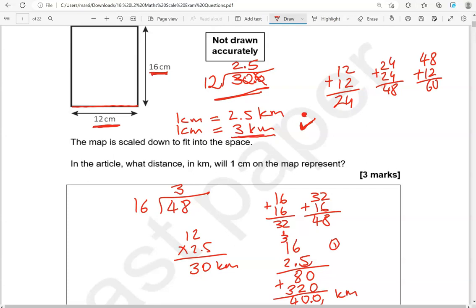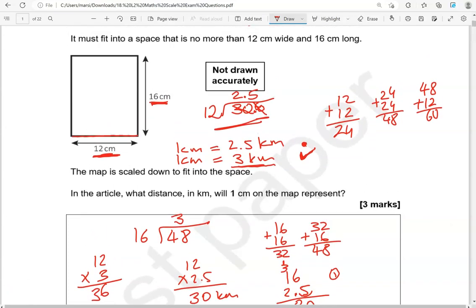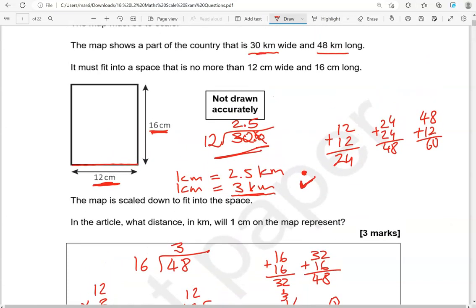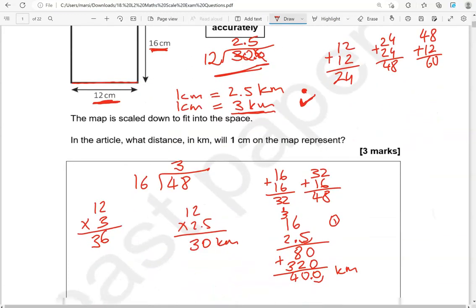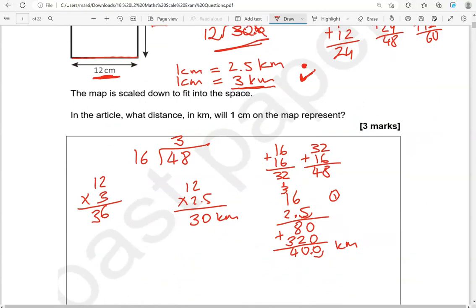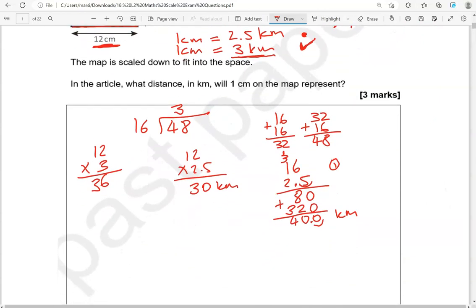If we do 3 times 12, that gives us 36, which is more space than what we need, because we only need to represent 30 kilometers, but that's absolutely fine. So we're going to stick to 1 centimeter equals 3 kilometers.